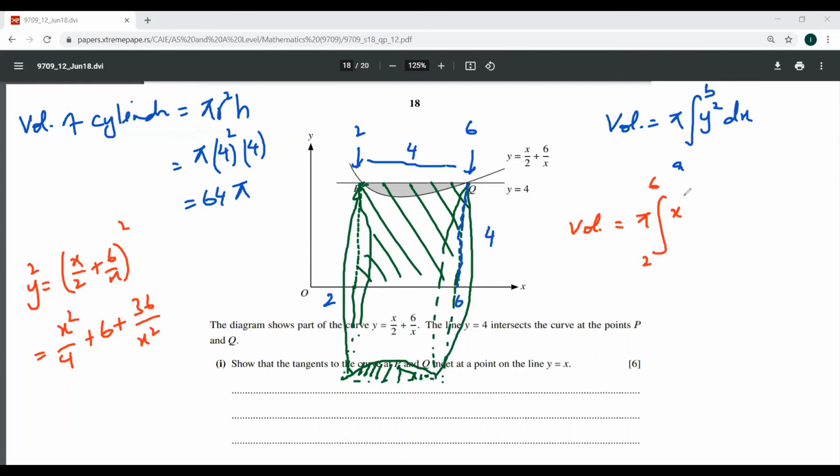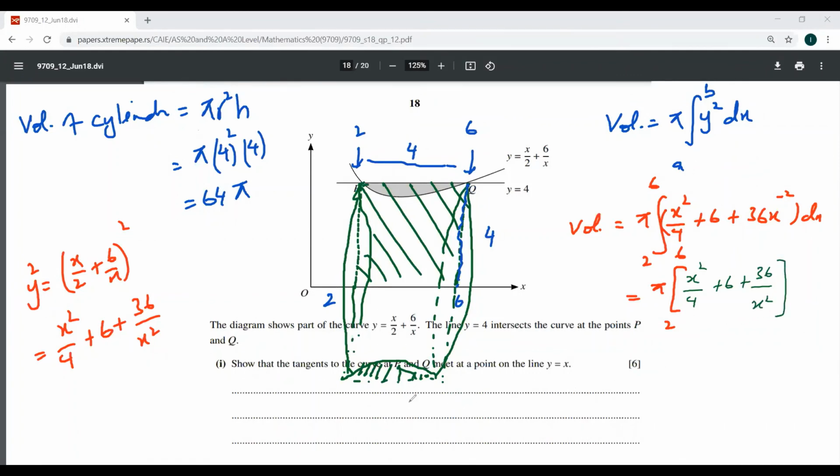This is x squared over 4 plus 6, and I will write this as 36x raised to the power minus 2 so that I can integrate this. So this is pi, limit from 2 to 6, x squared over 4 plus 6 plus 36 over x squared.